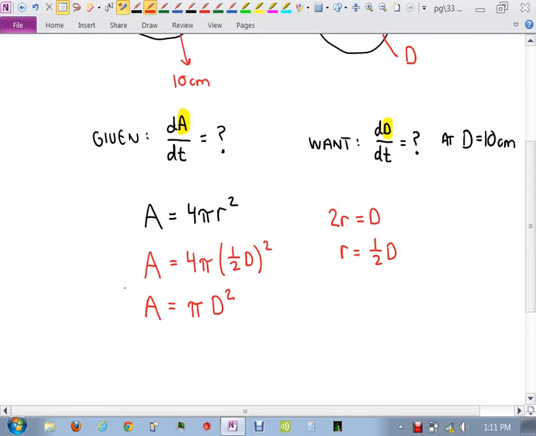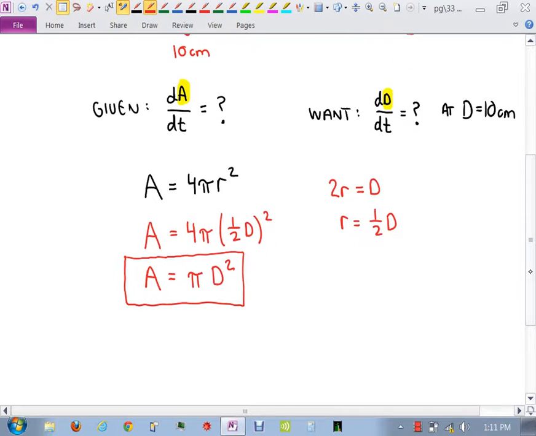So now I have an equation relating the two variables that I want to try and find derivatives of. So what do I do with that equation? What do y'all think? Plug in diameter? Not yet. You must do what first? Differentiate.